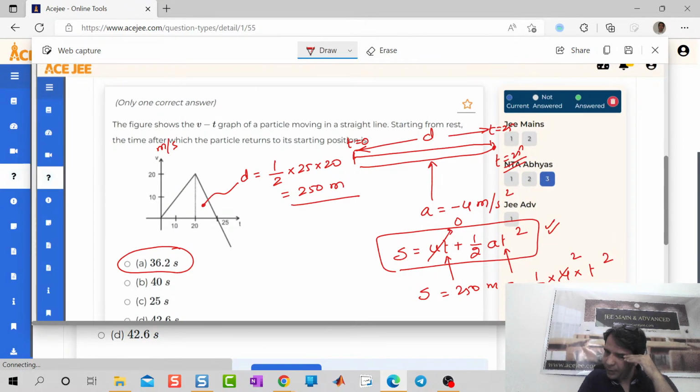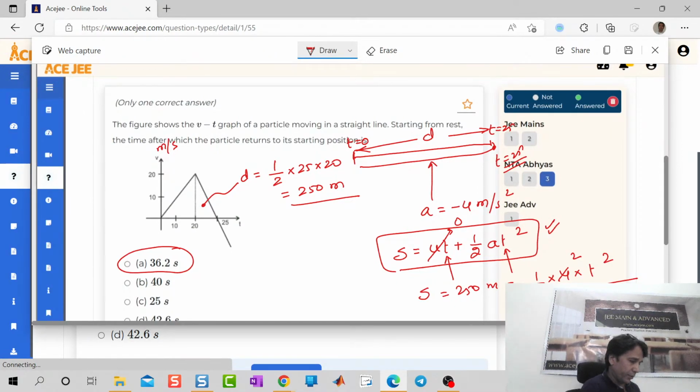It should be half into 4 into t square, so t is equal to square root of 125. What is the square root of 125? That is 15. No, sir, 225 is 15. Sorry, 225 is 15.